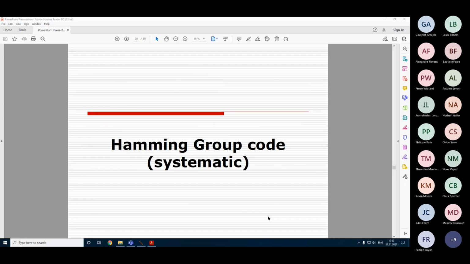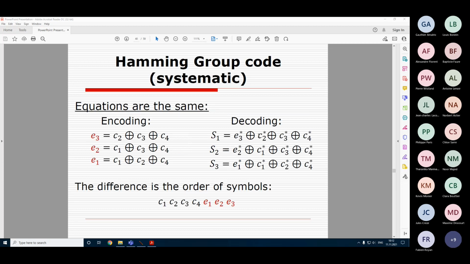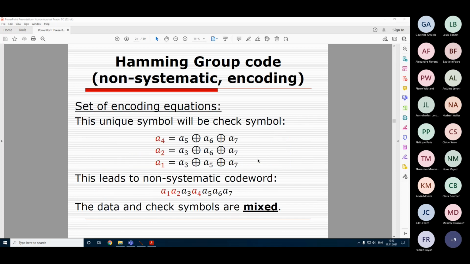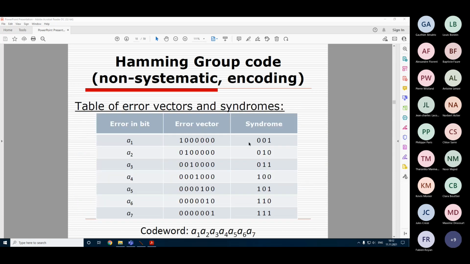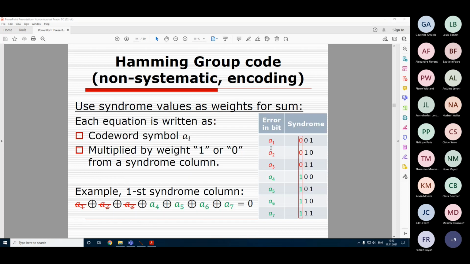So let us talk a little bit more about systematic code. What will change in that particular case? The equations are exactly the same, so I'm not going through them again. Yes, so you still make equations by writing this table. Well, actually, I said I will not go through, but I will recap it fast. Then you prepare each equation by reading the column.